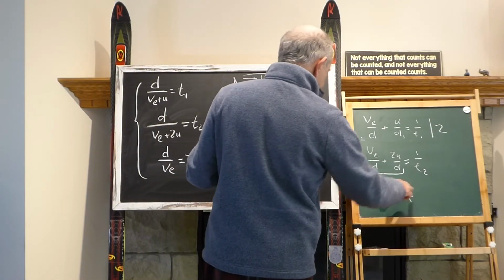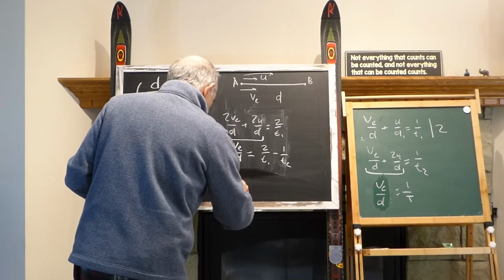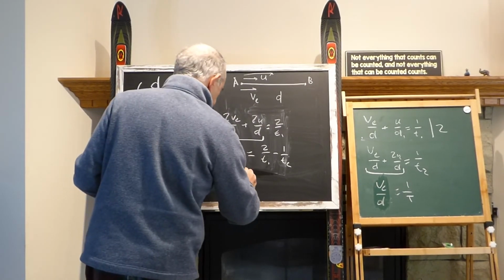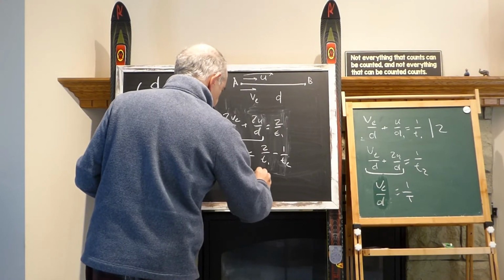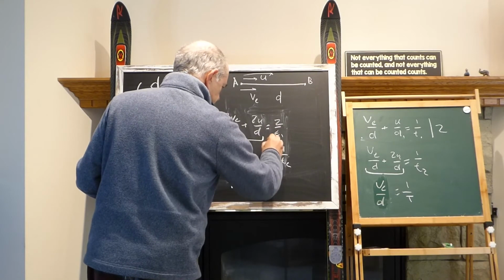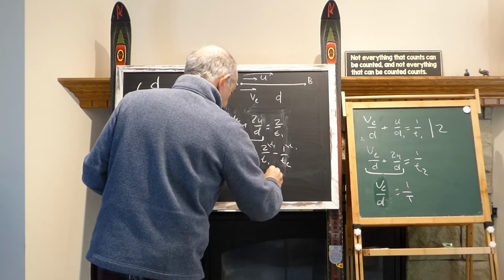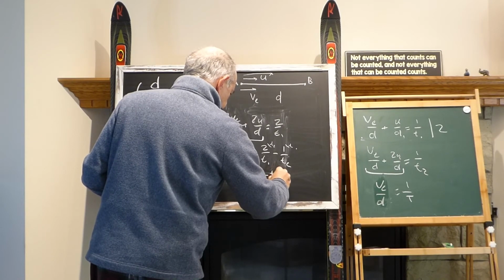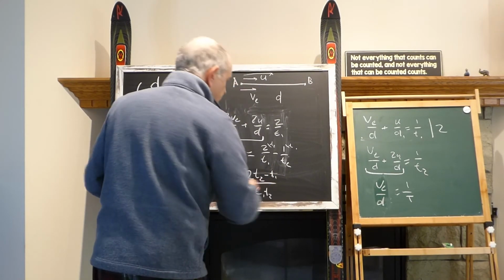So now VE over D is 1 over T, VE over D is this, and so I can put 1 over T equals 2T2 minus T1 divided by T1 T2.